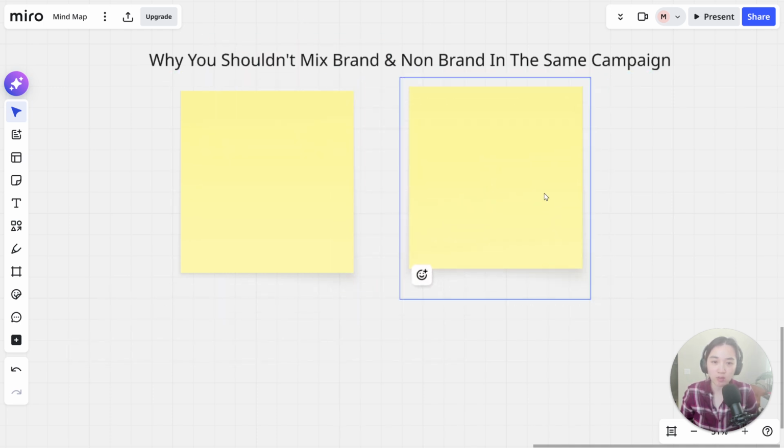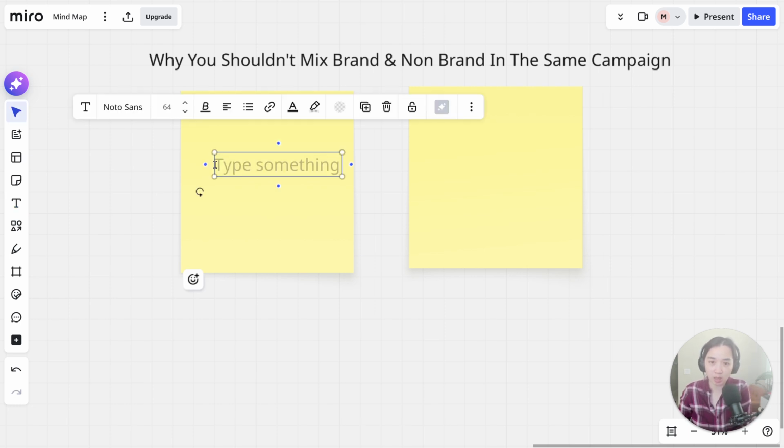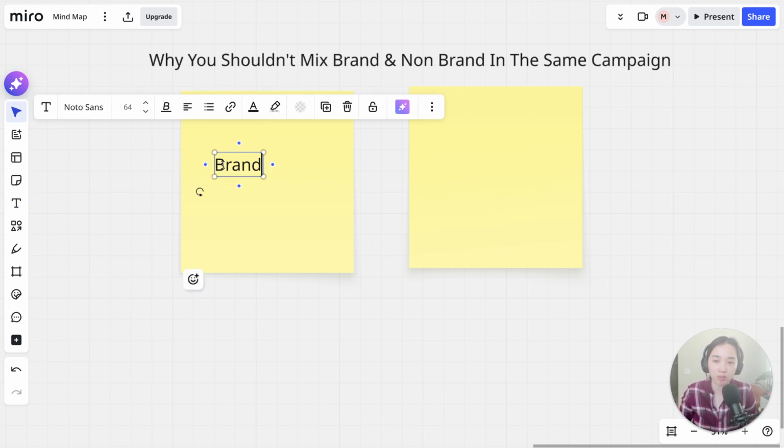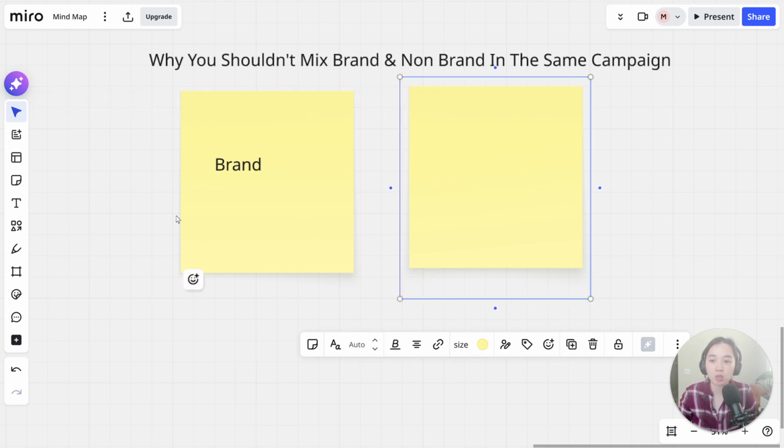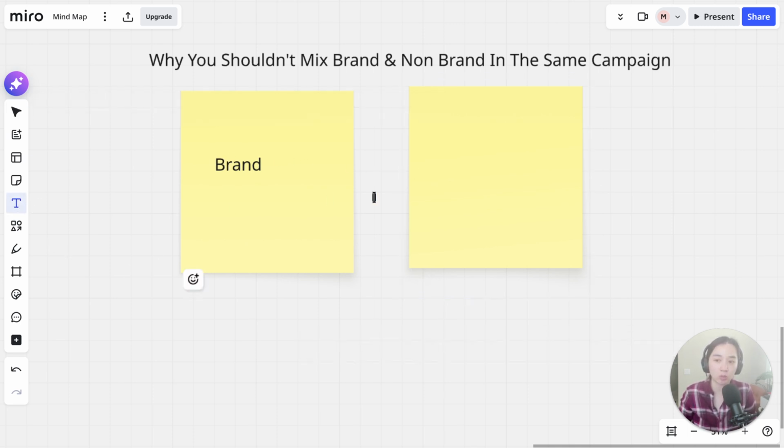So just to give you an idea of what the difference is between brand and non-branded keywords, if you're not familiar. So branded keywords are any keywords that relate to your brand. So for instance, if we're talking about, let's say Toyota, anything that falls under brand would be Toyota, Camry, RAV4, Prius, all the specific vehicle types underneath.